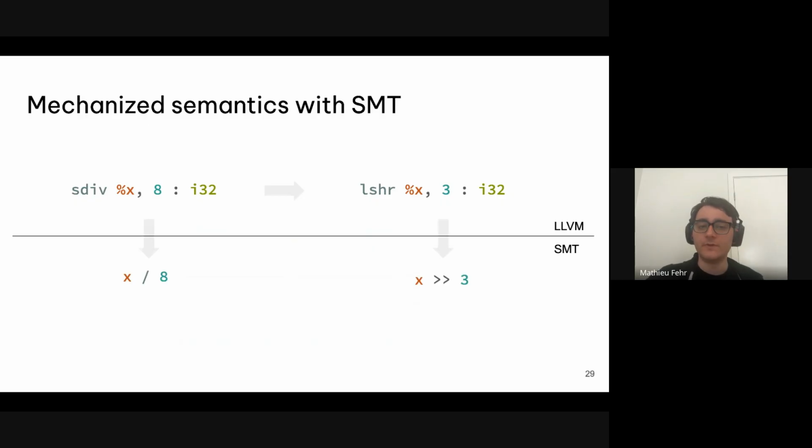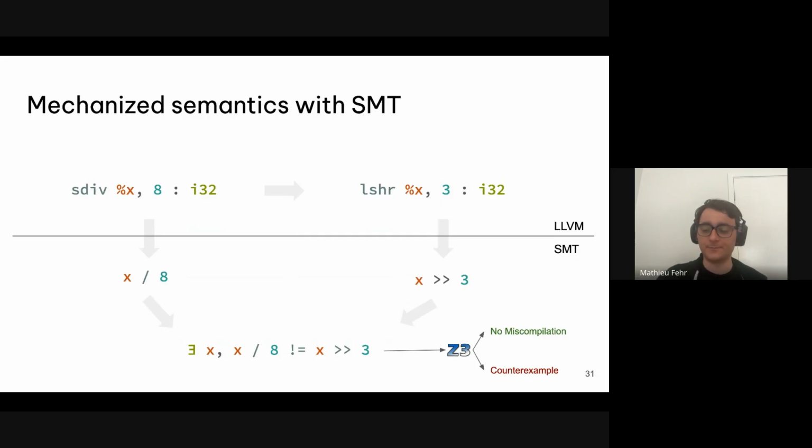The way Alive would do it is it would translate it to an SMT expression. So instead of a division by 8, you would have the equivalent in the SMT language called SMTLIB. You would have a shift by 3, and then it would combine these expressions and check if these expressions are correct or not. That's the role of the SMT solver.